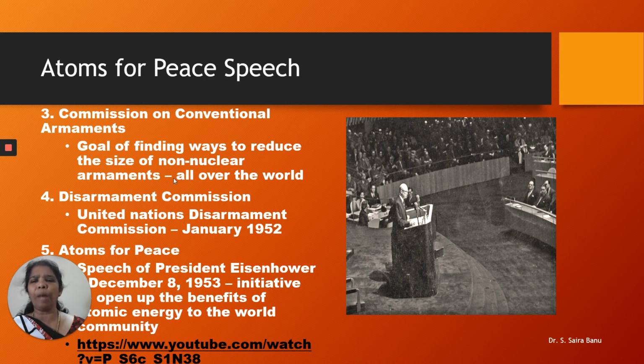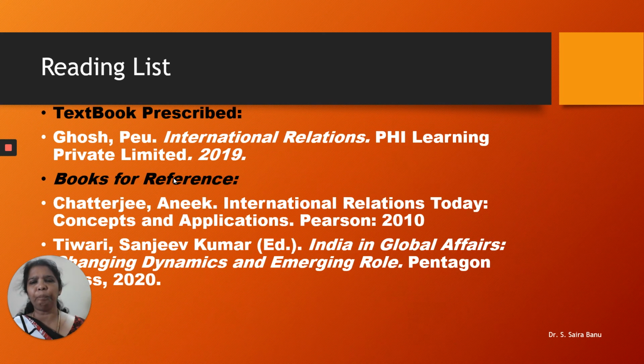So a lot of commissions on conventional armaments, the Disarmament Commission, Atoms for Peace, all these speeches and commissions were focused on only one thing: finding ways to reduce the size of non-nuclear armaments, and to make sure that arms are used only for beneficial results. And the YouTube link I have shared takes you to the speech given by the president.